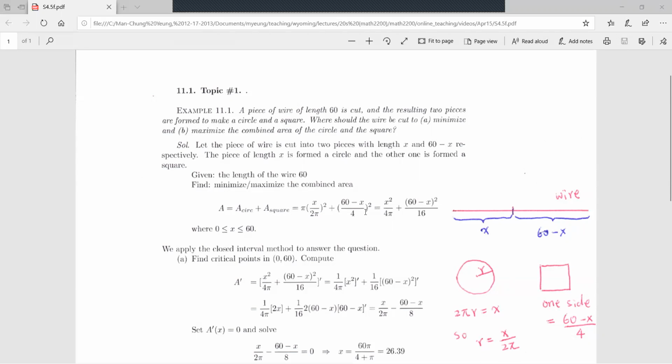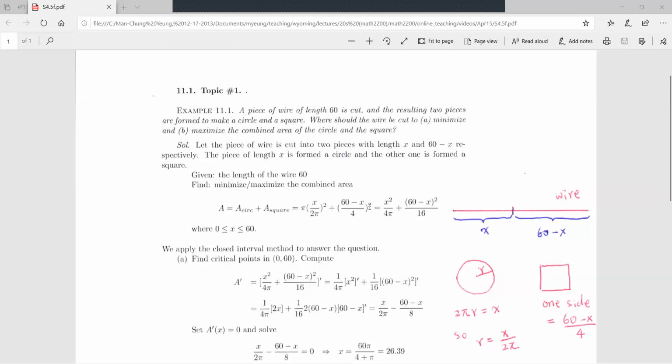Area of the square is one side squared, so it is (60 minus x) over 4, squared. Now I simplify this sum to get this. This is the combined area of the circle and the square.